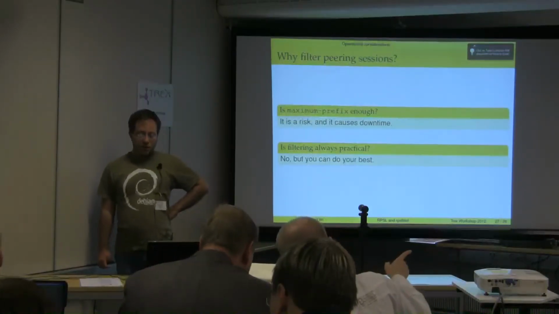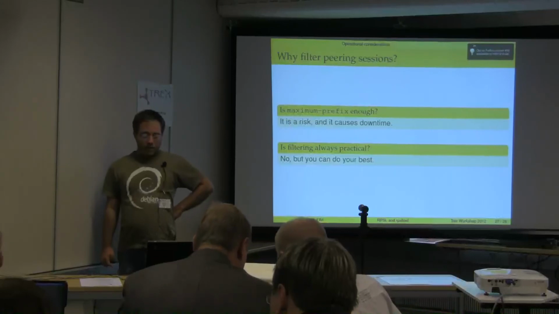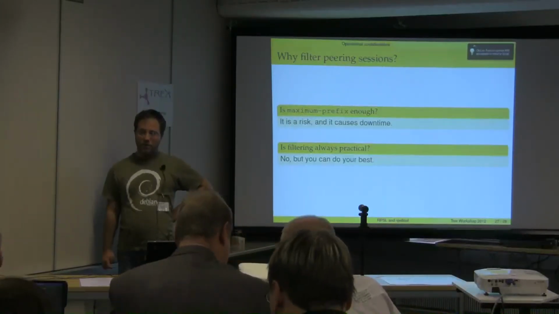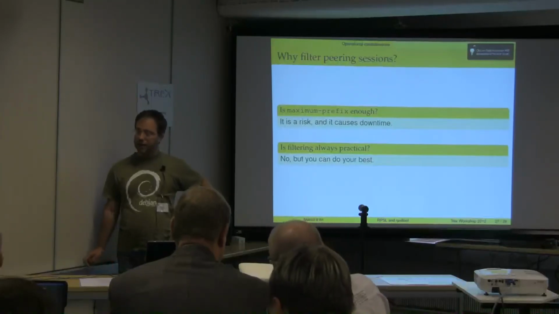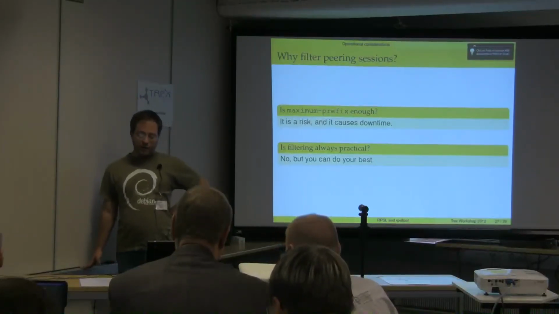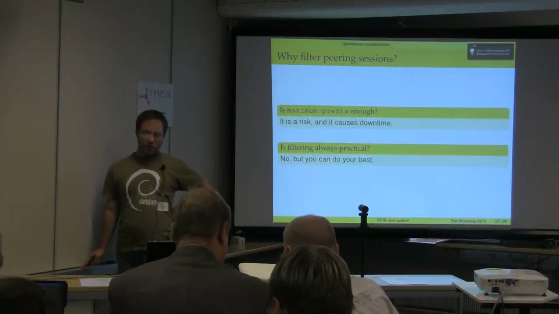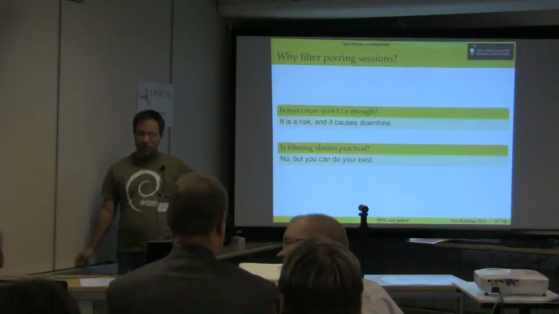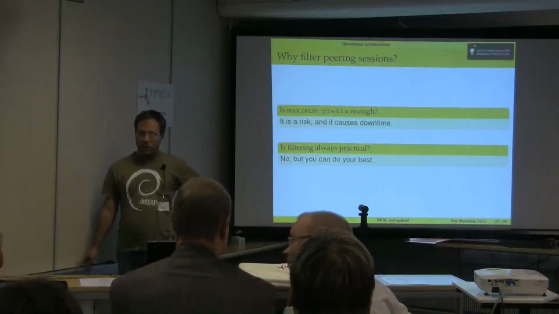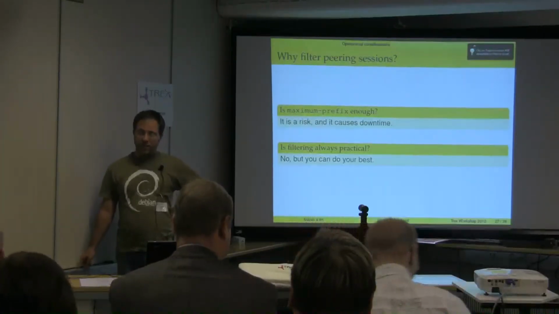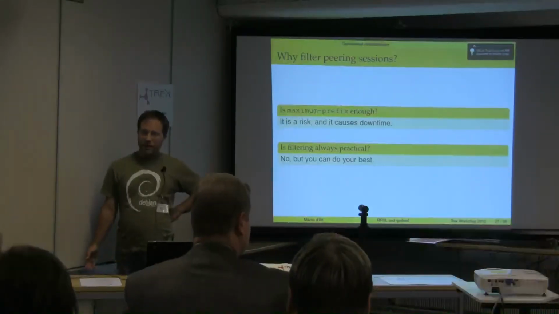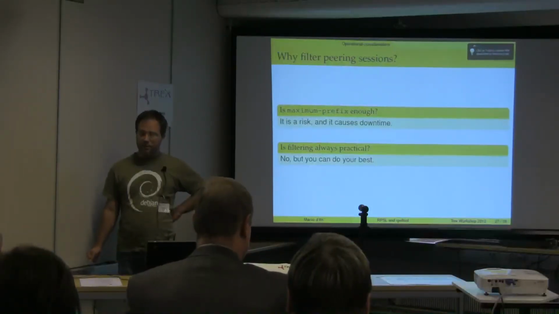Why filter peering sessions? I suggest that you do it, if it is possible at all, and if it is practical for you. In Italy, I'm able to do this for almost all of my neighbors. I think all national neighbors can be filtered, if not by prefix, at least by a list of allowed autonomous systems.